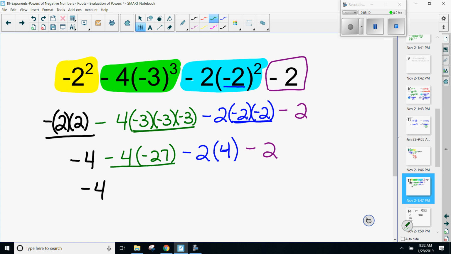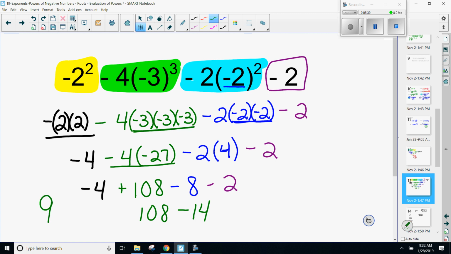What's a negative times a negative? Positive. 27 times 4 is 108. Now what is 2 times 4? 8. And then we have negative 2. So team positive has 108 points. Team negative has 14 points. And if you subtract the 2, you end up with an answer of 94.